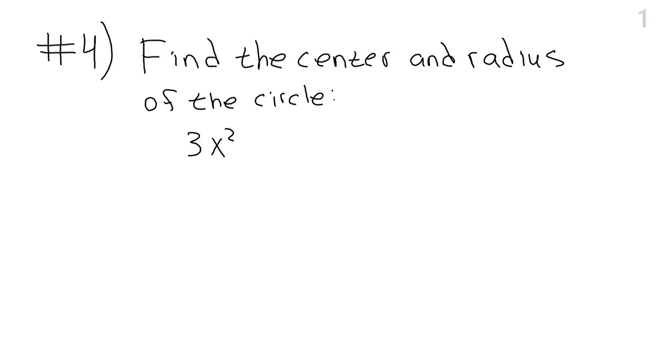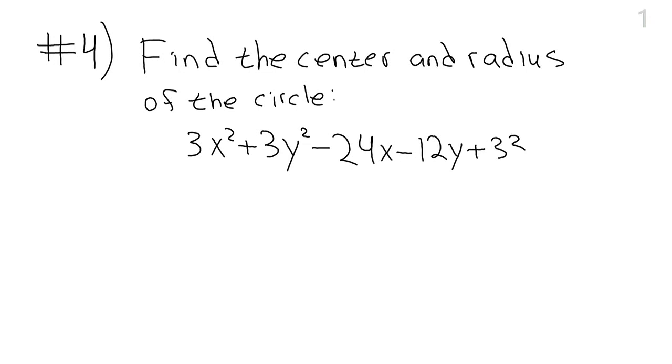3x squared plus 3y squared minus 24x minus 12y plus 33 equals 0. Now, if a circle is given to us in this form, we have absolutely no idea what its center or radius is. What we need to do is put it in its standard form.